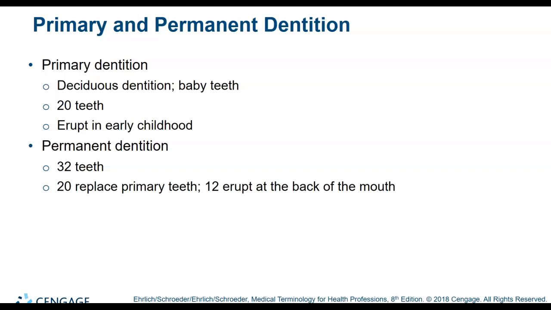They erupt early in childhood, some earlier than others. Those do come out. The permanent dentition comes out. There's 32 teeth. They're going to push those primary teeth out, and then we're going to get an additional 12 teeth in the back of the mouth.